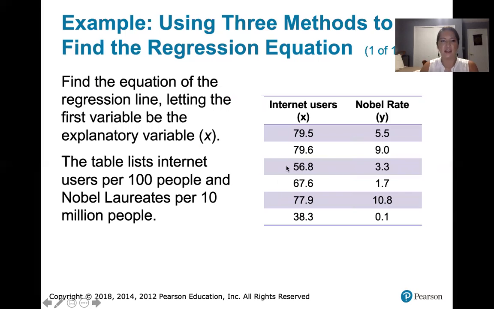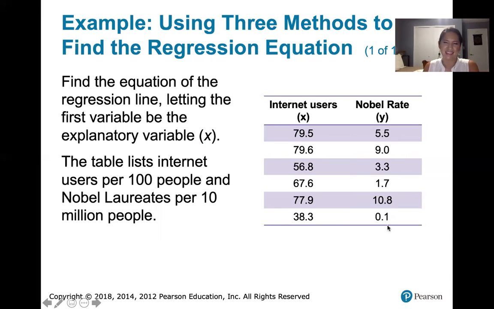So there are 79.5 internet users out of every 100 people in one particular country. There are 79.6 internet users per 100 people in a different country, and so on. We've got ordered pairs for 6 different countries. And then we have the number of Nobel laureates in those countries per 10 million people.